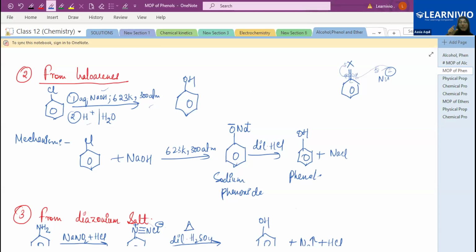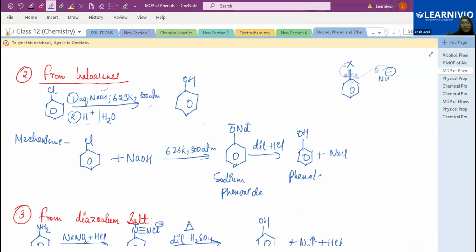But in very drastic conditions, like when you give so much temperature and pressure, the nucleophilic substitution reaction of haloarenes is possible. That's the nucleophilic substitution reaction of haloarenes.